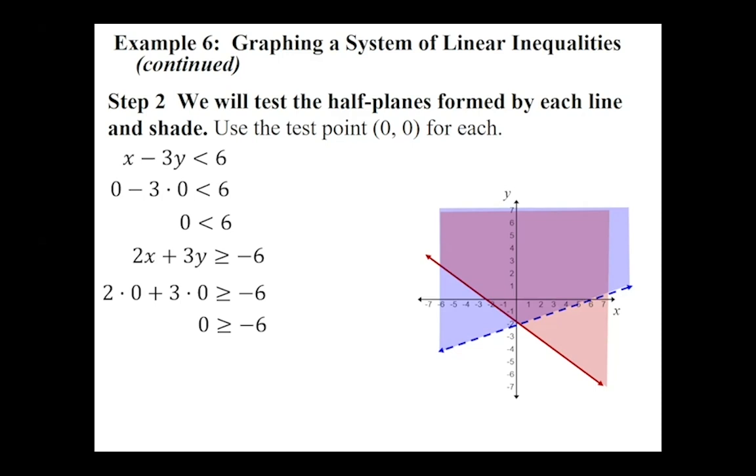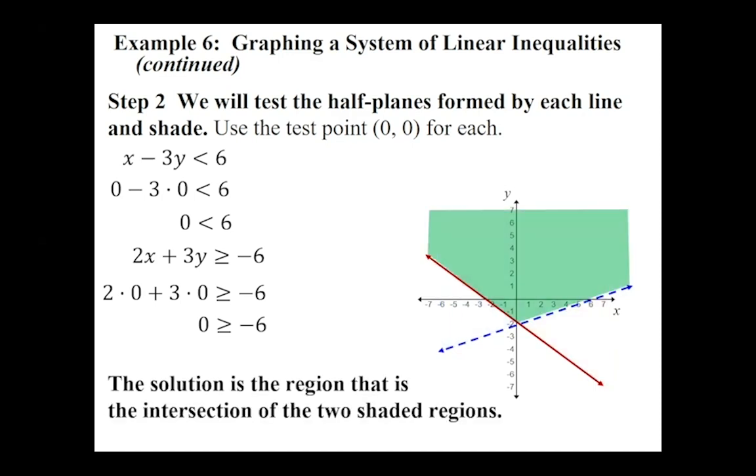Now, where these two overlap, the region that's now green, that is the intersection, that is the solution of the system.